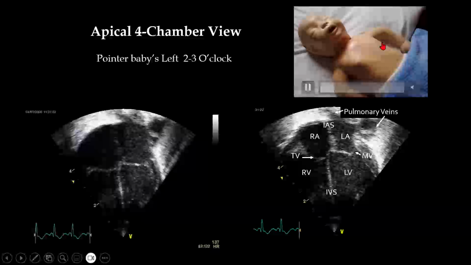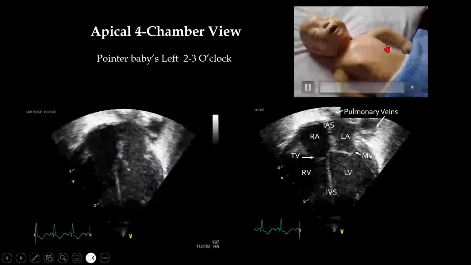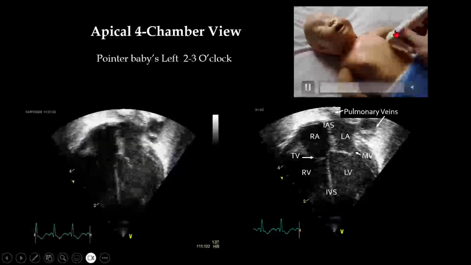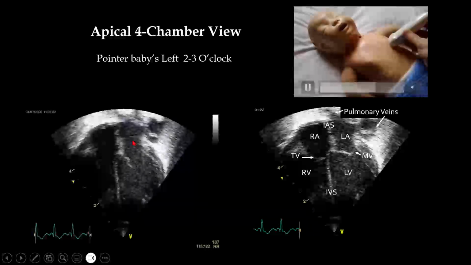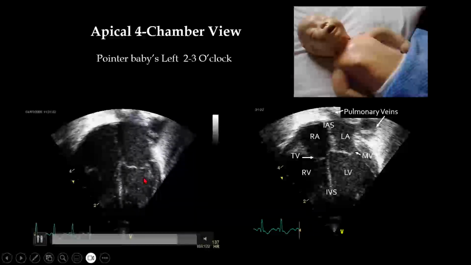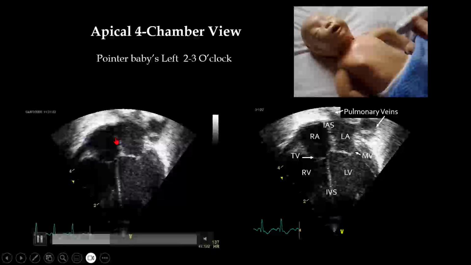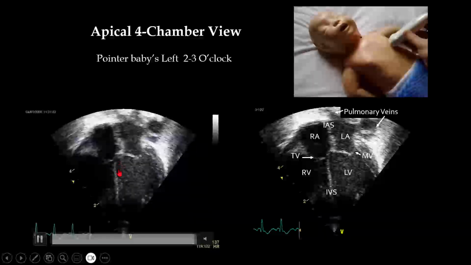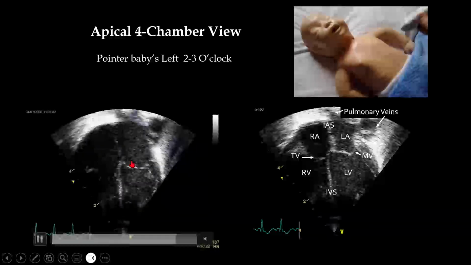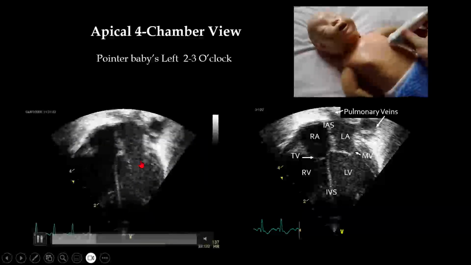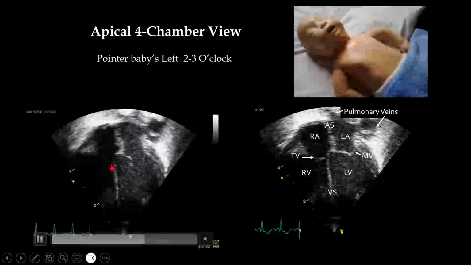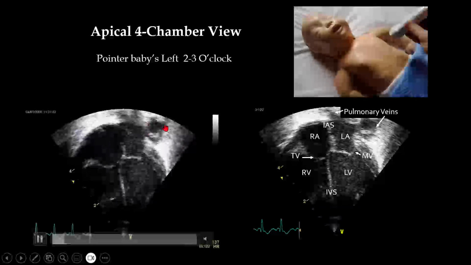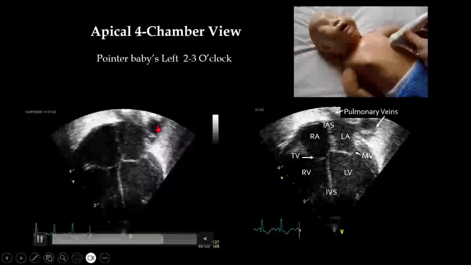Probe is here, just below the nipple, pointer pointing at 2 to 3 o'clock position. And this is your LA, LV, because the pointer is towards the left side. RA, RV, interatrial septum, interventricular septum. This is the mitral valve, and this is the tricuspid valve. Here you are seeing the descending aorta.